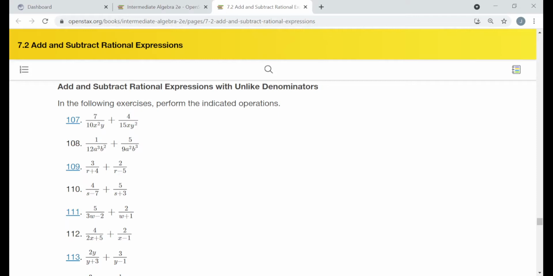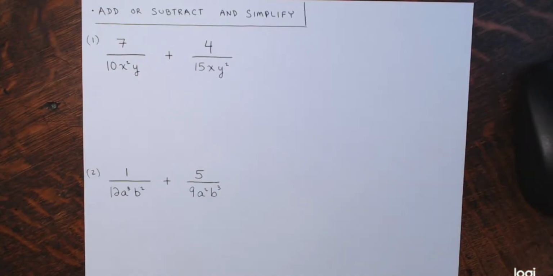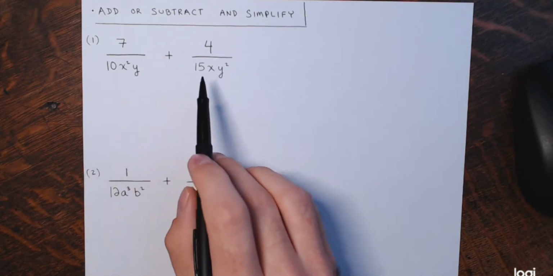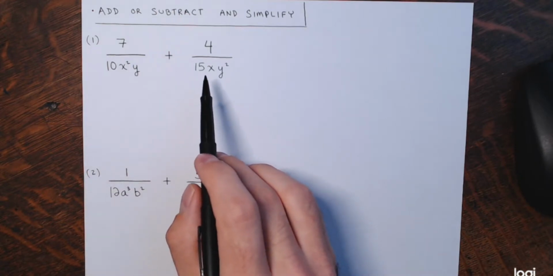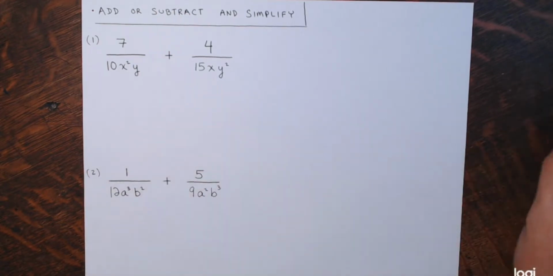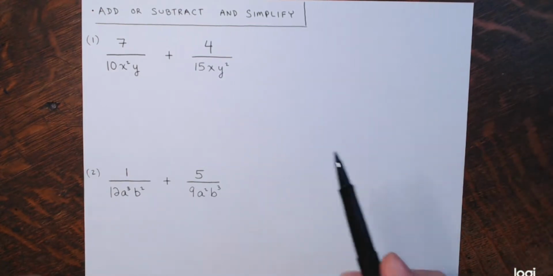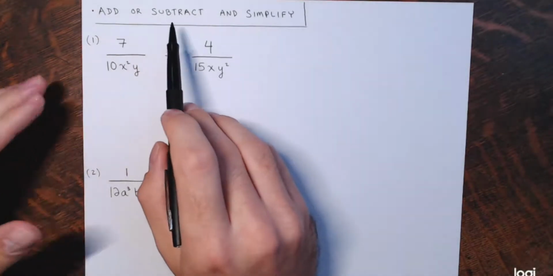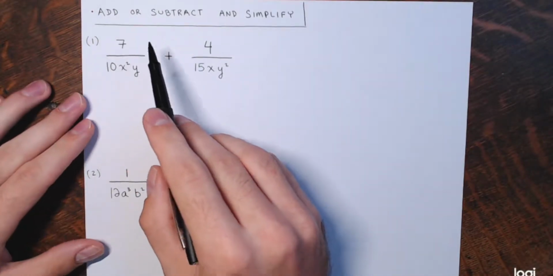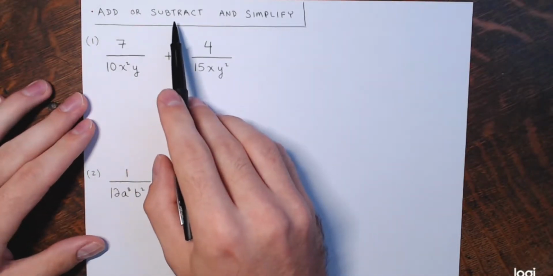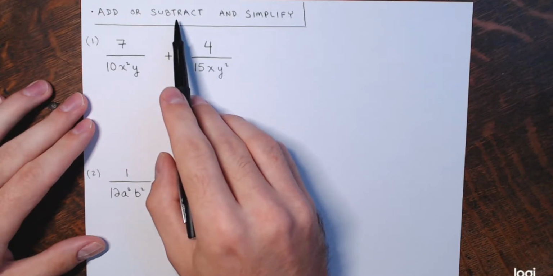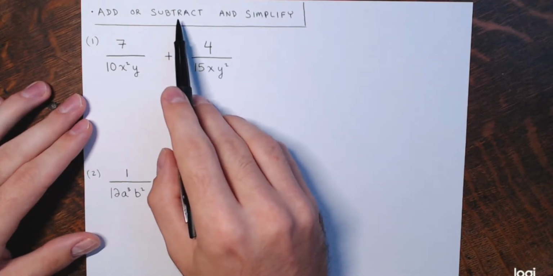All right, so let's get into it. This first example is exercise 107 from that page I was just showing you. We're asked here to add or subtract, depending on what operation is presented, and hopefully you recall too that when you see subtraction, it's just adding the opposite.